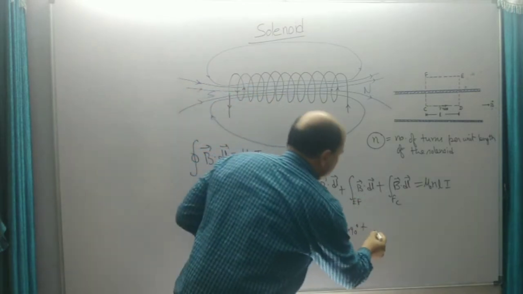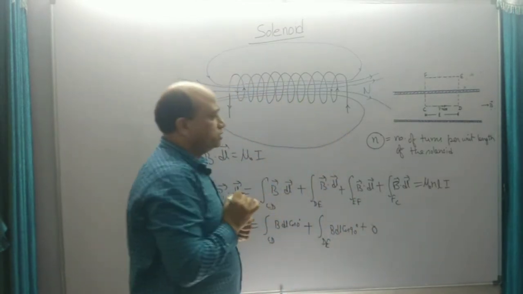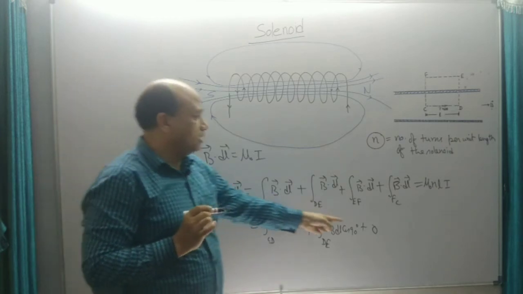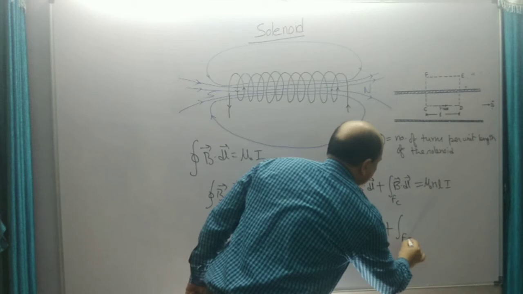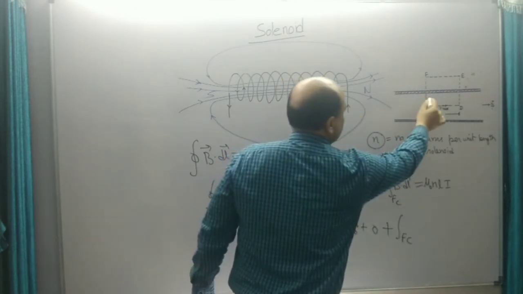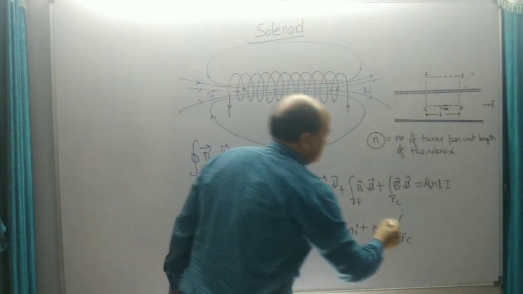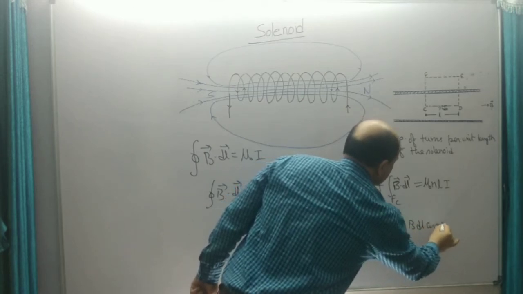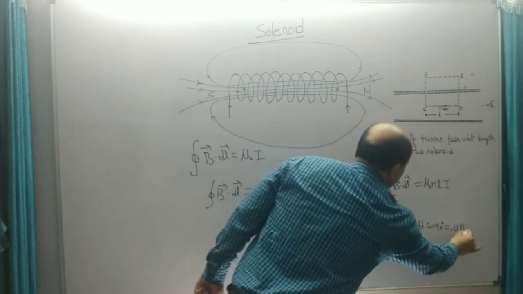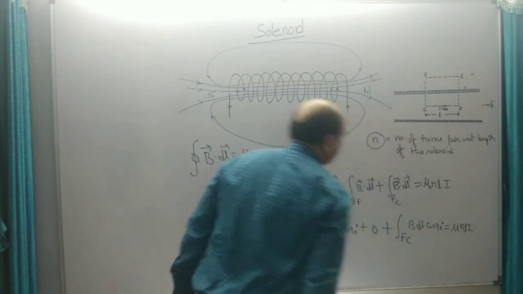So we can put it as 0. We can replace B dot dl along EF by 0, plus about FC. This is again at right angle to the magnetic field. This will again be B dl cos 90 degree, is equal to mu naught NL into I.